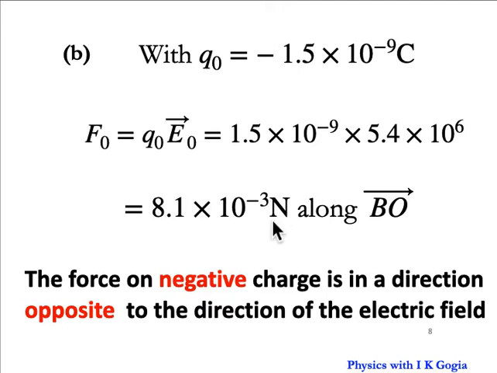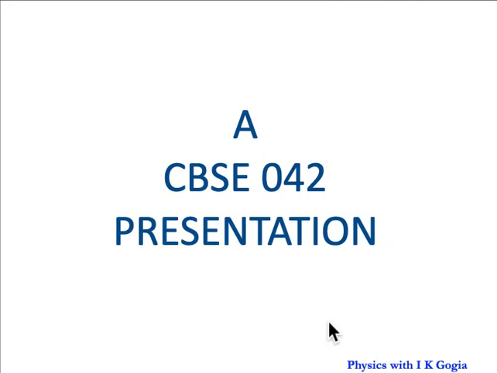As the charge is negative, the field will exert a force on the negative charge in a direction opposite to itself. Since the field is along OB, the force will be along BO. The force on a negative charge is in a direction opposite to the direction of the electric field.